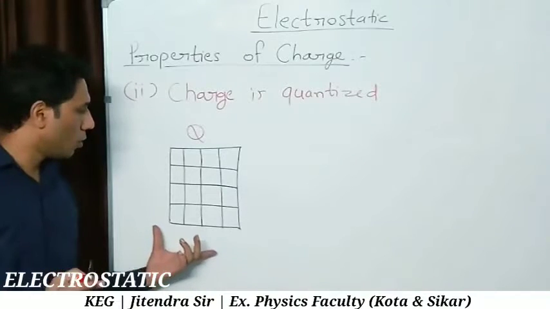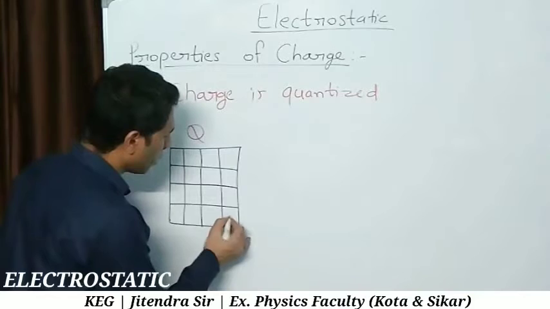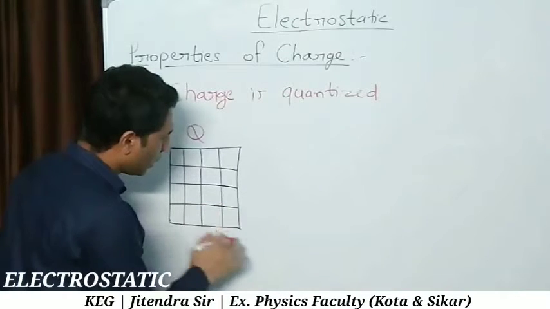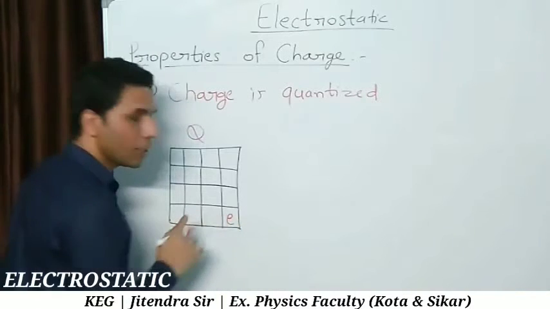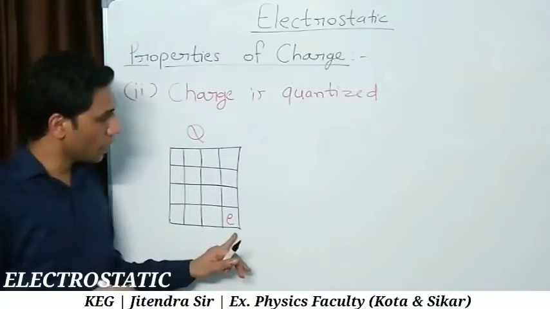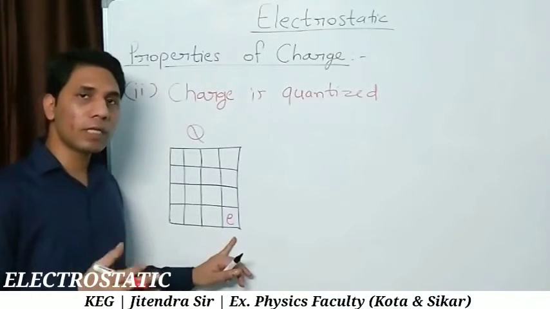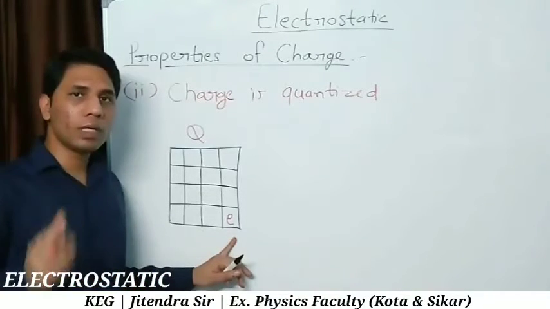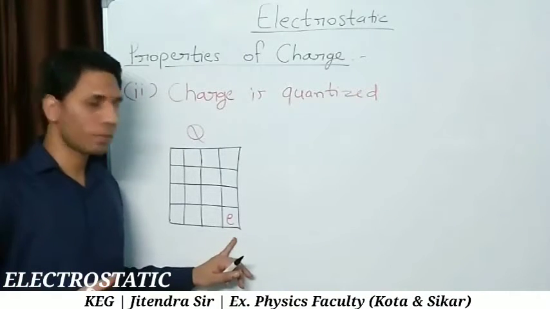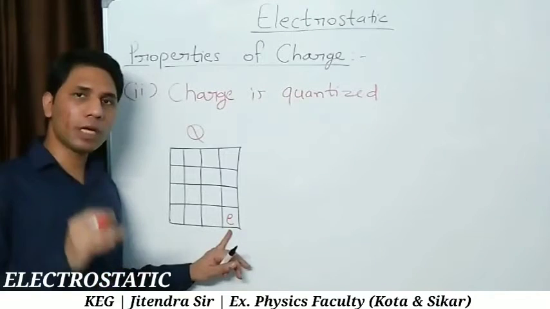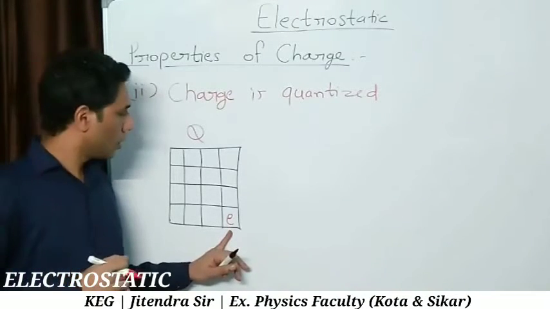Now let's assume that in this part there is only unit charge. What is the unit charge? Unit charge is the charge on an electron or a proton.